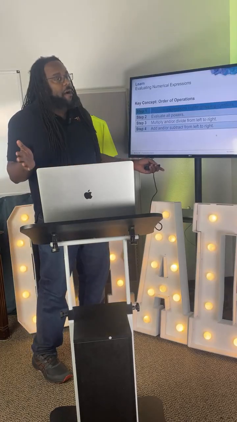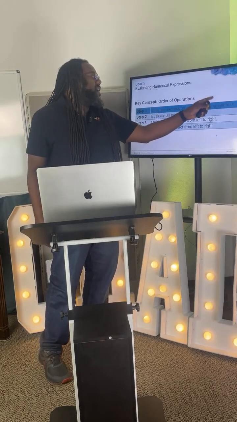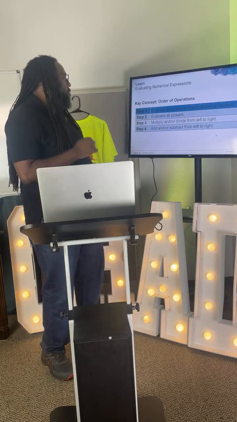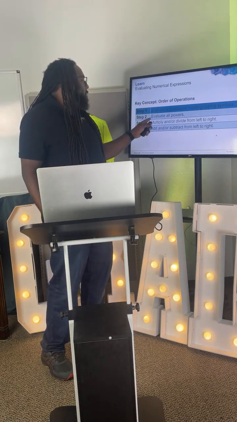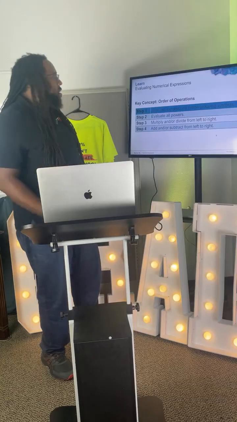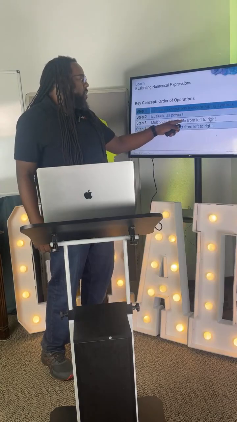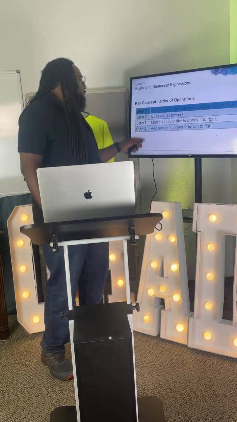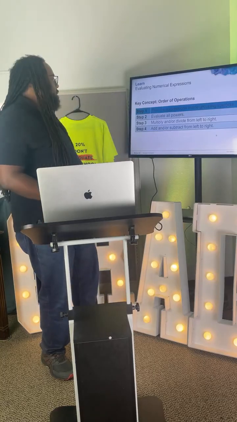So for order of operations, we're first going to do the expressions inside the grouping symbols, which are parentheses. And then we're going to evaluate all powers, exponents. And then we're going to multiply and or divide from left to right, and then we're going to add and or subtract from left to right.